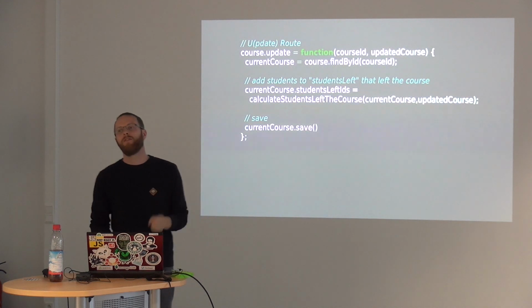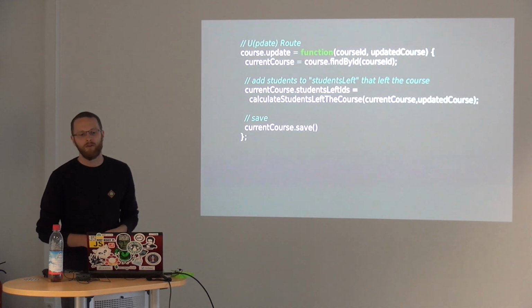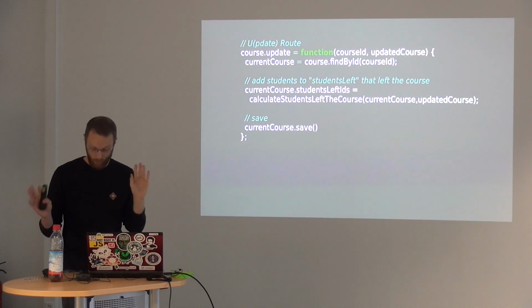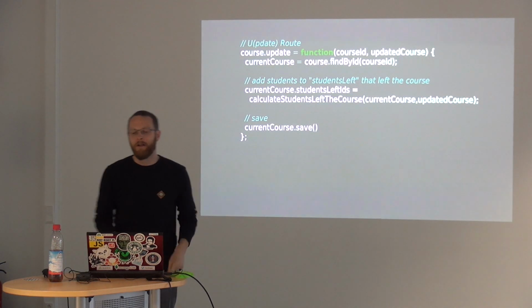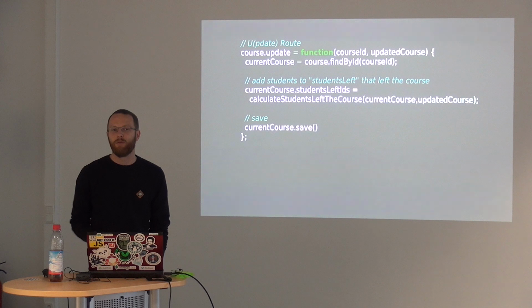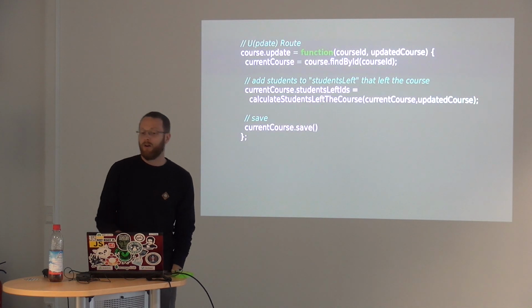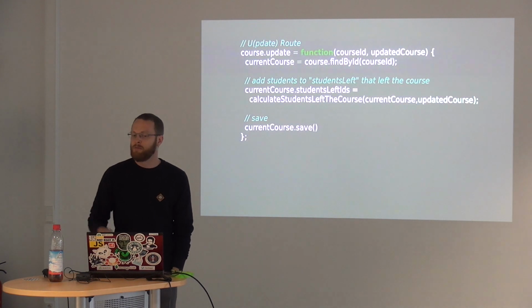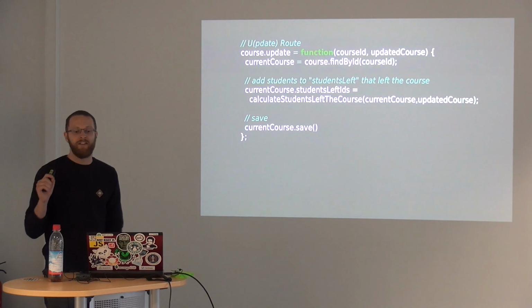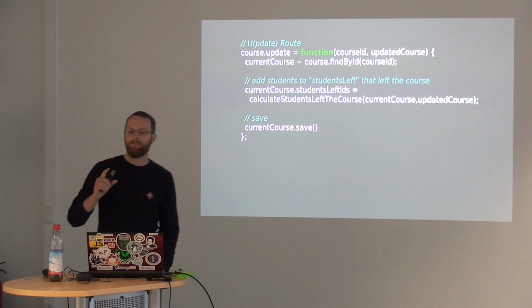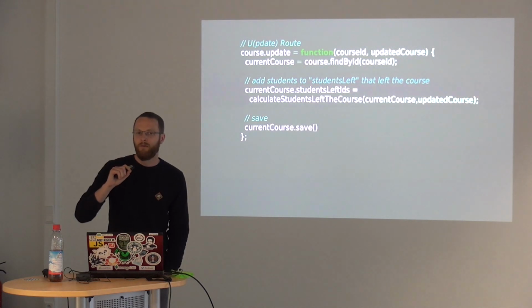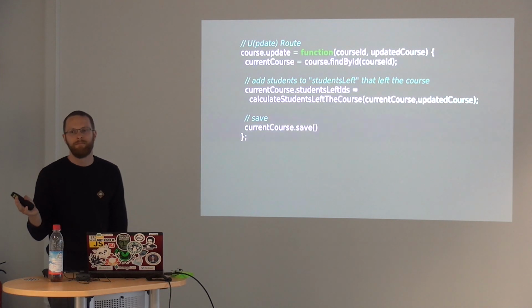Actually, now it gets interesting if you think about multi-threading. Ooh, Node.js and multi-threading, whatever. But just imagine we have two threads, or distributed processes, multiple machines. If two course updates happen at the same time, what will happen? Last wins.